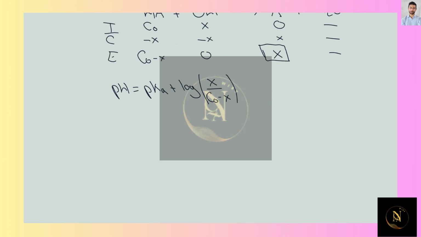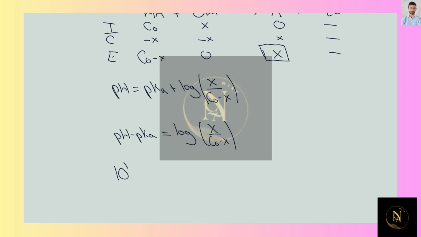Now we need to solve for X, and the way to do it is the following. We're going to start by collecting pH minus pKa on the left-hand side, equal to the logarithm of X over C0 minus X. Then we're going to take 10 as a basis.